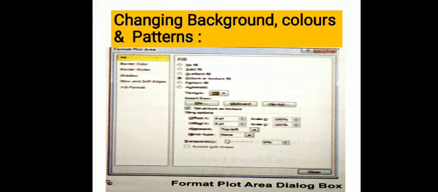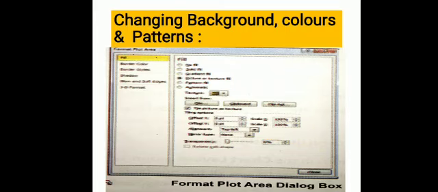Now you want to change the background color and pattern of the chart. We can modify a chart by changing its color, pattern or background. Just right click on the plot area of the chart and select the format plot area option from the dialog box that appears on screen.